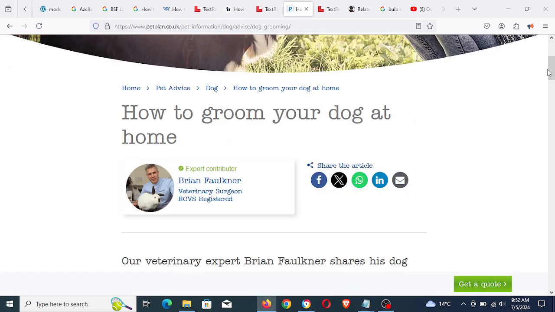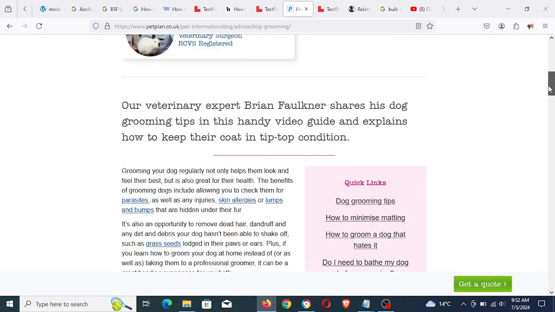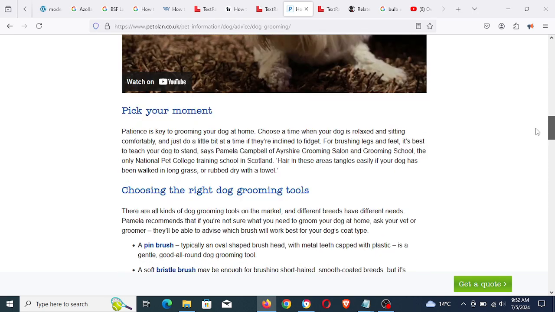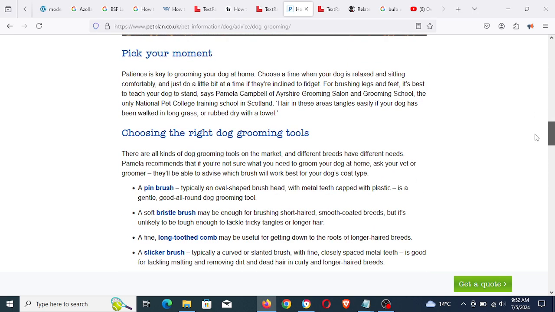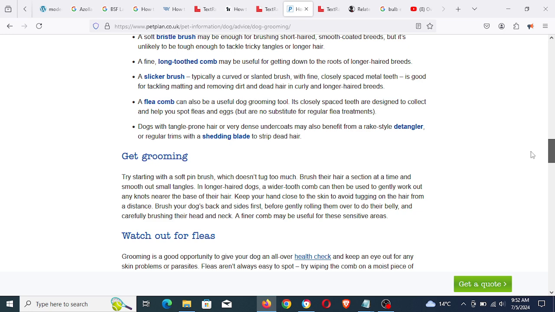And this is maybe the 50th ranked article, how to groom your dog at home. It covers dog grooming tips, choosing the right dog grooming tools. It's sort of similar to the first one with that part.